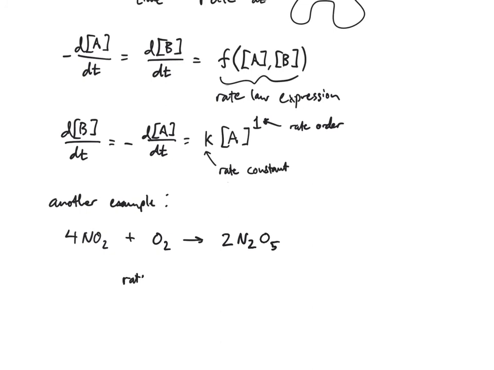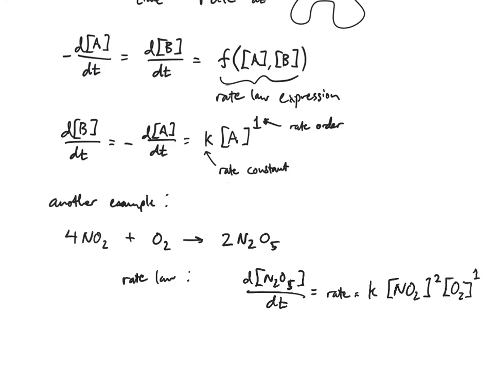And it so happens that the rate law for this is the change in concentration of N2O5 with respect to time, which we could just call the rate, is equal to a different rate constant K, times NO2 to the second power times the concentration of O2 to the 1st power. And so as you can see, there are different orders above the concentrations of each of these. We would say that this reaction is second order in NO2 and it's first order in O2.